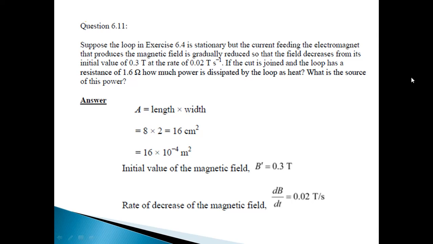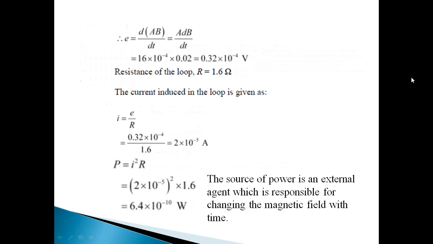Now, the initial value of the magnetic field is 0.3 Tesla, and the magnetic field is decreasing with time at the rate of 0.02 Tesla per second. So, EMF can be induced by a varying magnetic field. So, E equal to d phi by dt, and phi here is A into B, where A is area and B is magnetic field.